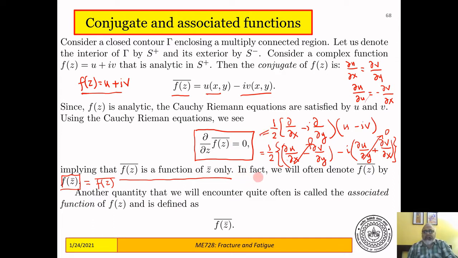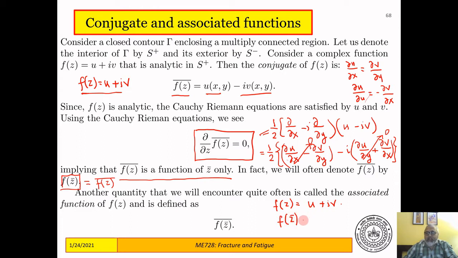So another quantity that we will often encounter is called the associated function of f(z), and is defined as the conjugate of f(z̄). So what does that mean? f(z) is an analytic function, which is u plus iv, and then you evaluate it at z̄.